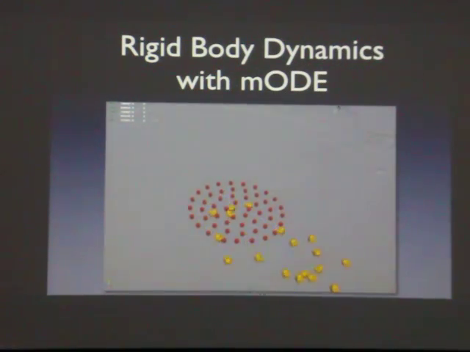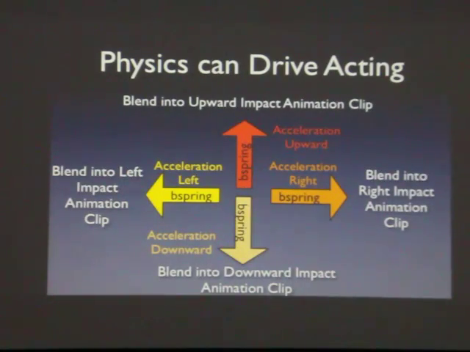However, that's just for the root motion. We need to get acting in there as well. So the idea is to use physics to drive action. Now, using the same principles of measuring acceleration, you can tell if a character is bumping into another character, or bumping into a chair, moving forward, moving backward, which direction they're getting bumped. And that's just measured through acceleration. Again, think about your smartphone.